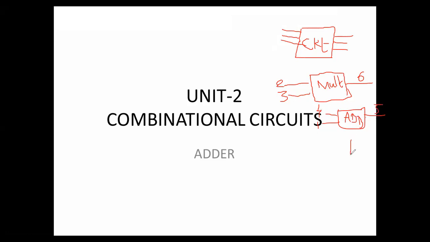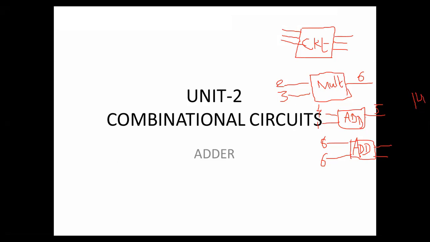Suppose if you are giving the same adder the inputs as 8 and 6. These are the present inputs we are giving to this adder circuit. What is the output? 8 plus 6 means the result is 14.